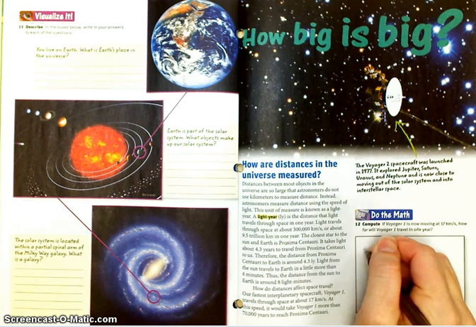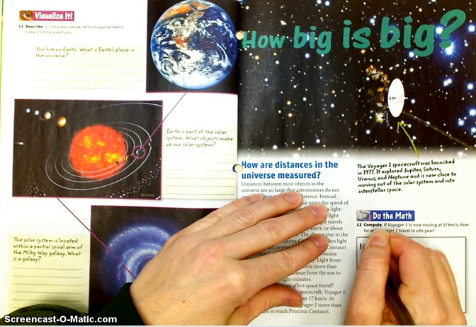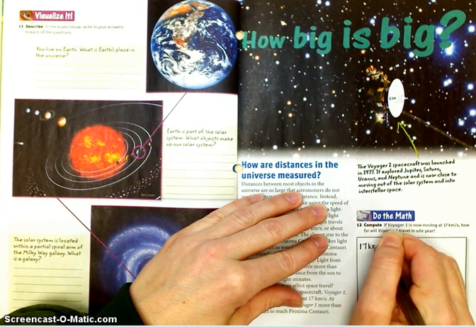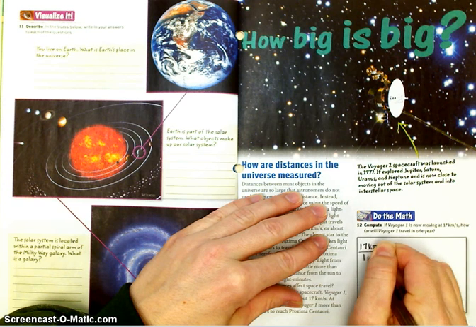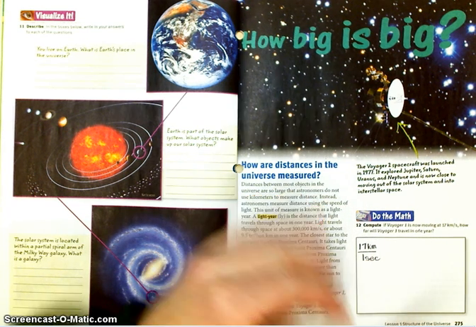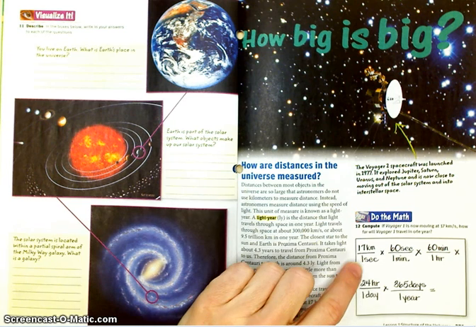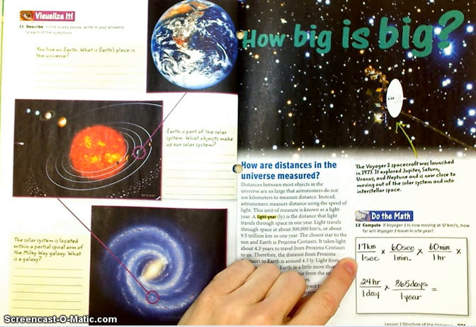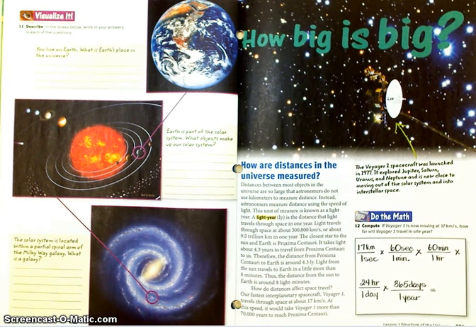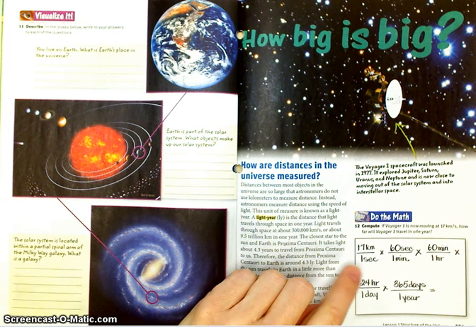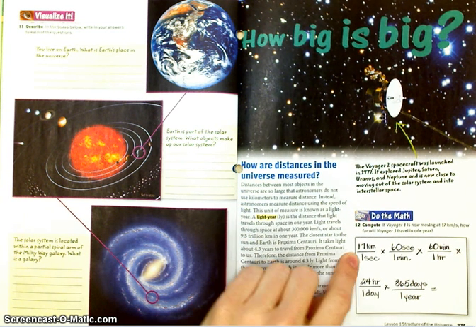Well, I have to start out with 17 kilometers per 1 second. But if I want to know how far that's going to be in a year, then I have to convert, and think about how many seconds there are in a year. So I take 17 kilometers per second and multiply it.